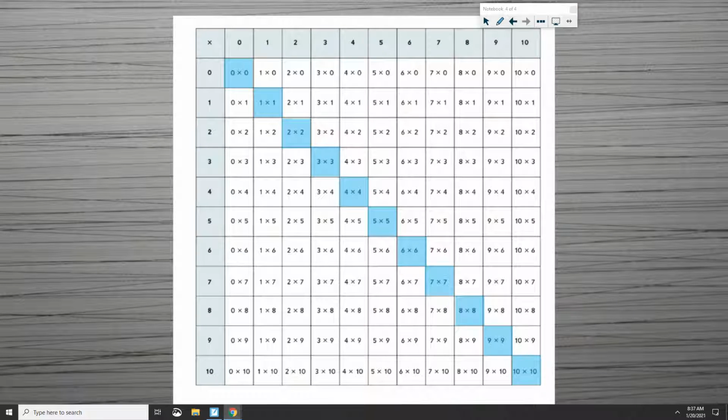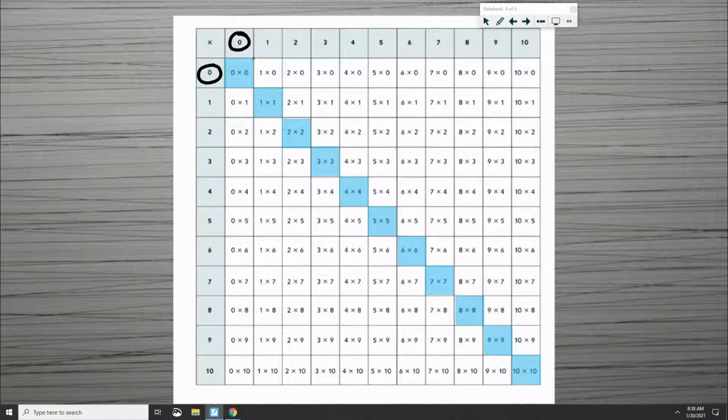All right, so again, this lesson is all about those square numbers. And square numbers are when we multiply and the factors, the two numbers we multiply, are the same. So when I do 0 times 0, I get 0.